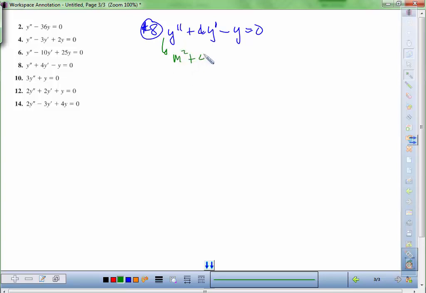m squared plus 4m minus 1 is equal to 0. Now, what are the solutions? Can we factor? Can we do something?